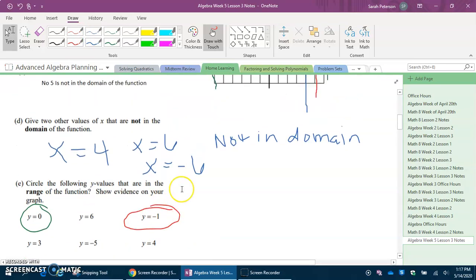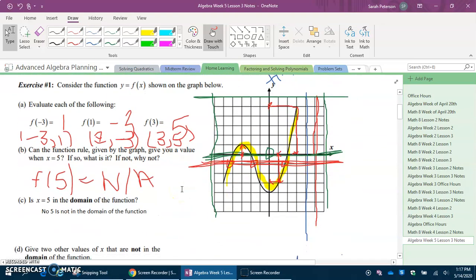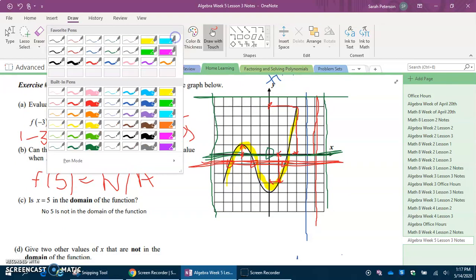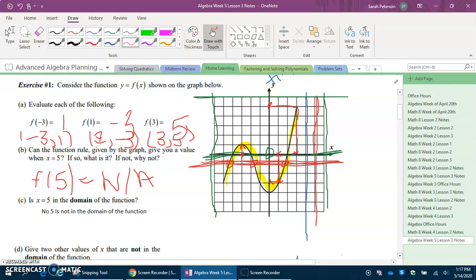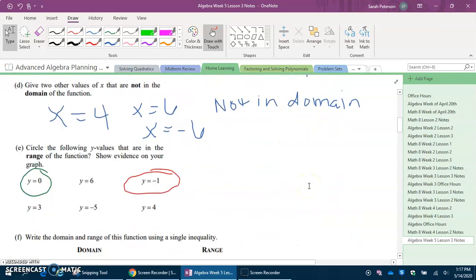And then I'm going to look at y equals 3. We'll do pink. Y is 3. 1, 2, 3. So yes, it crosses right there. So y is 3 is also in our range.